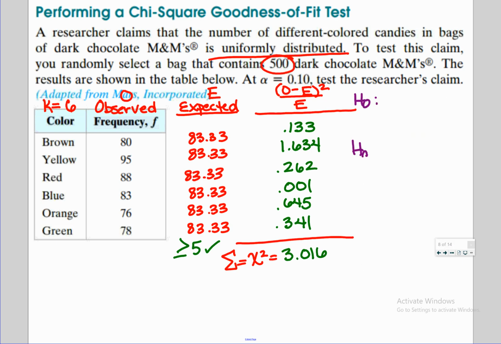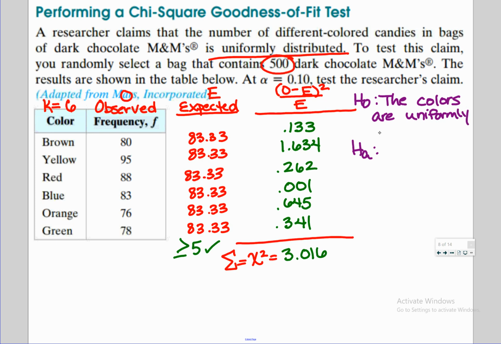Null and alternative hypothesis. What's the null hypothesis? What is the expected distribution? The M&M colors are what kind of distribution were we expecting? Uniform.